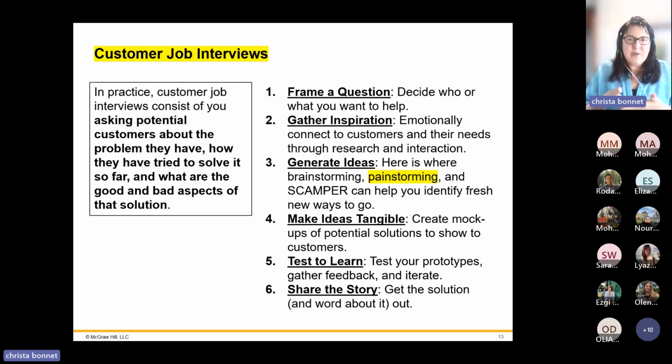identify an idea versus making that idea tangible. They must be able to see it, feel it, touch it, of a potential solution so that they can get excited about it and buy into it.